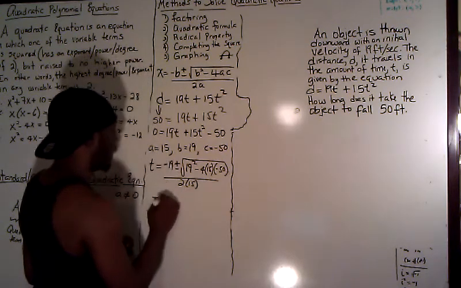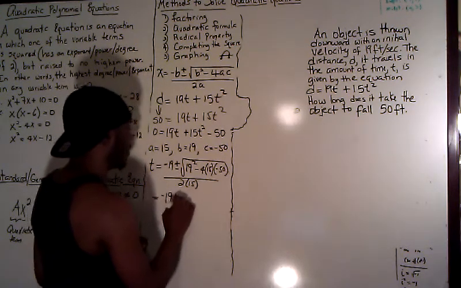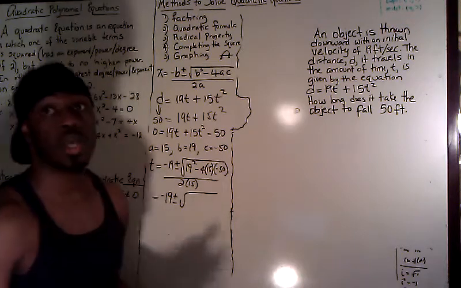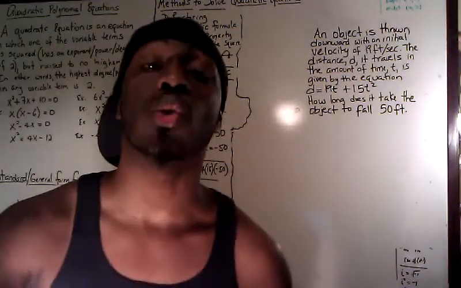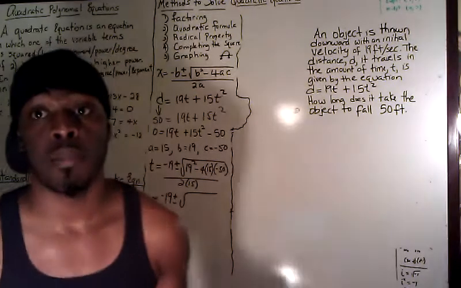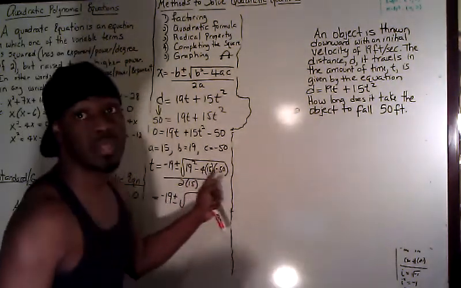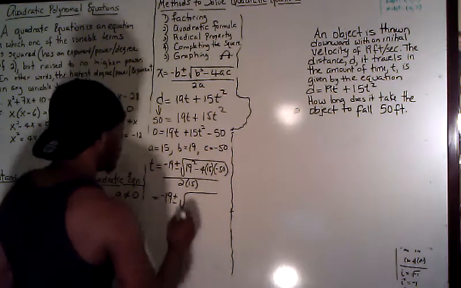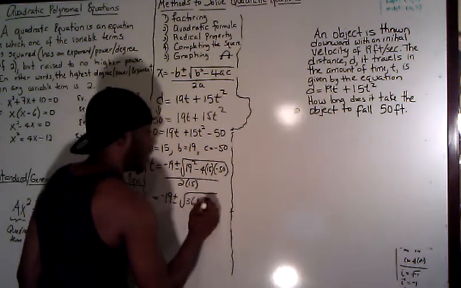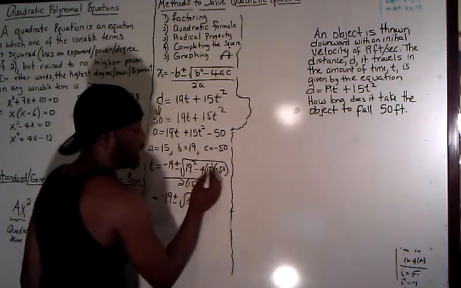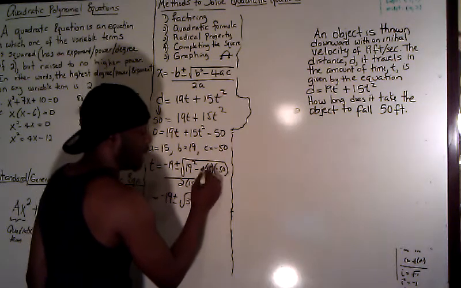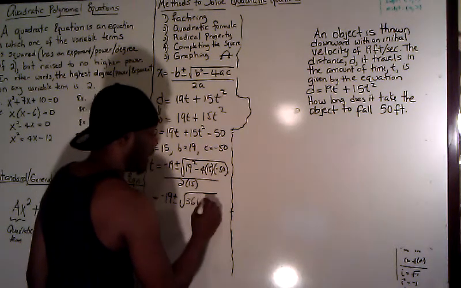When we simplify that further, we have negative 19 plus or minus the square root of, well, 19 squared is 361, and then we have this business over here, which gives us a result of 3,000. So this is 361, negative 4 times 15, that's 60, 60 times 50, that's 3,000.